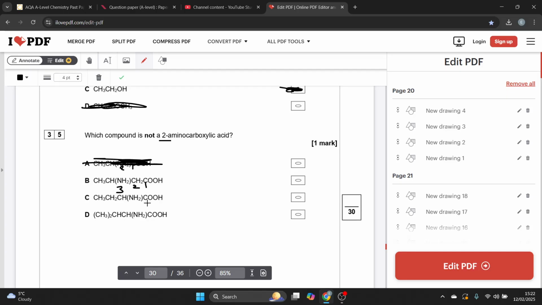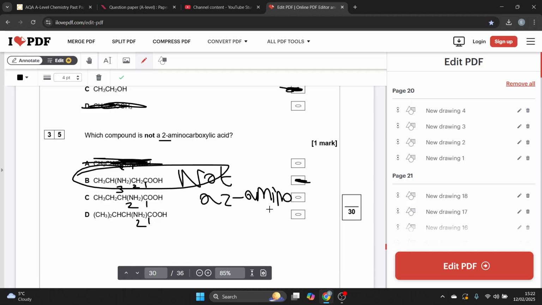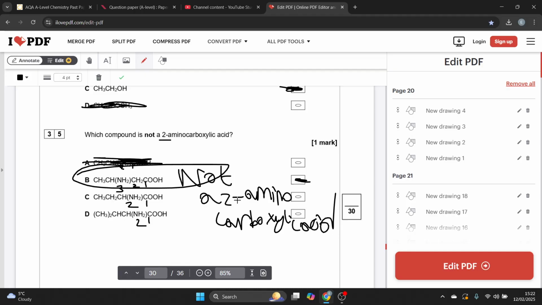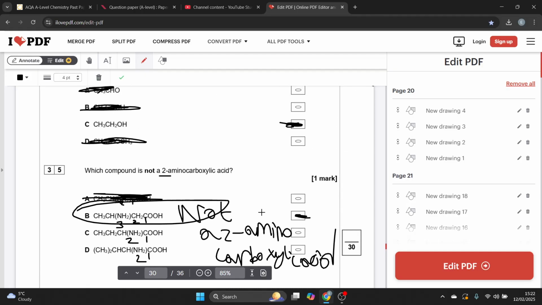That's not 2-amino. Look at C, that's 1, that's obviously going to be in the second one, so that is 2-amino. I look at D, 1, 2, therefore it must be B. That is not a 2-amino carboxylic acid. And that is the end of section B, aka the multiple choice questions.